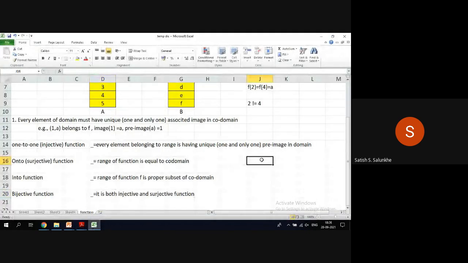Okay, let me just write here. I'm not able to draw that symbol.